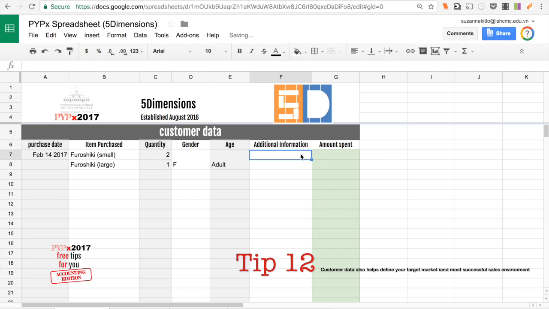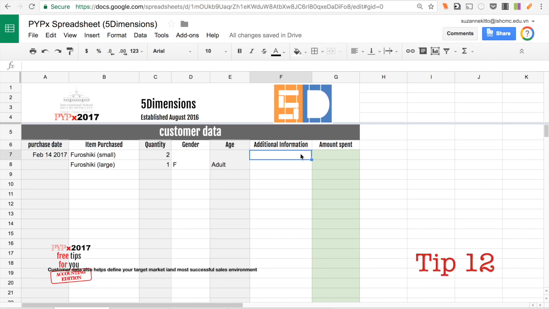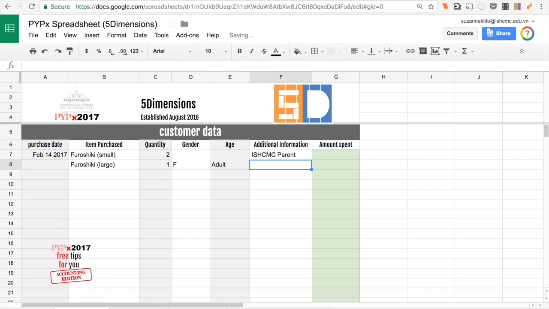In terms of additional information, it depends on how much you want to target your advertising and target when you sell. So I might put here that it was a primary parent. If I know it's a primary parent, I might put that down. I might put down that it was sold at a Friday market to keep track of when I was able to sell to that person.